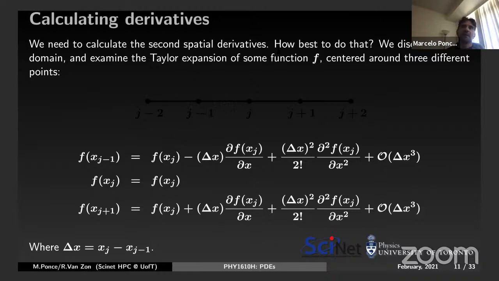Taylor expansion to say, okay, f of x_j, and basically the way that this works is you evaluate f of x_j at f of x_{j-1}, you multiply the first derivative of that by the delta x, and so on with the second derivative. f of x_j is just f of x_j, and then f of x_{j+1} is the Taylor expansion at the point x_{j+1}.